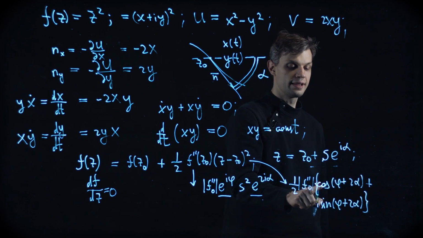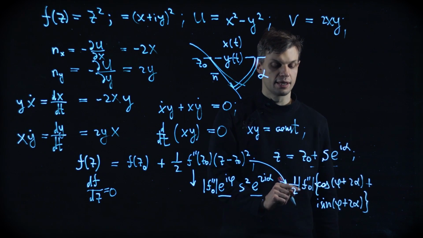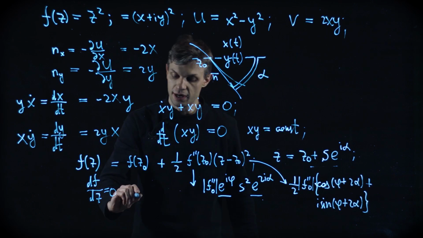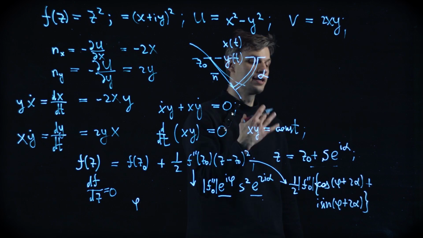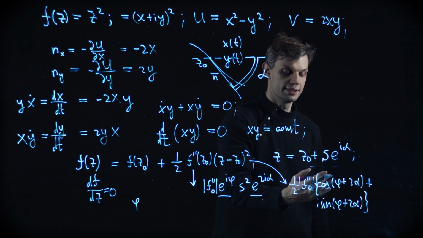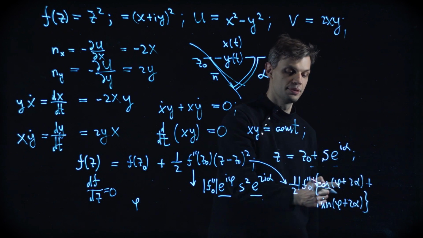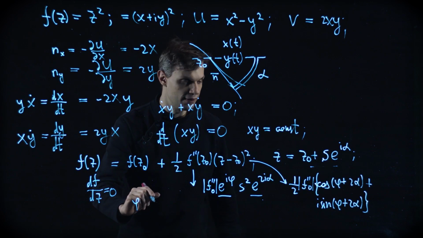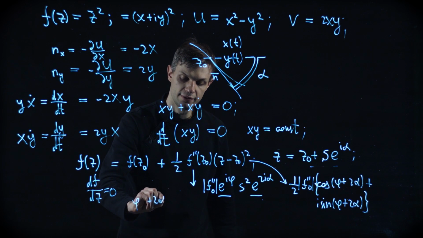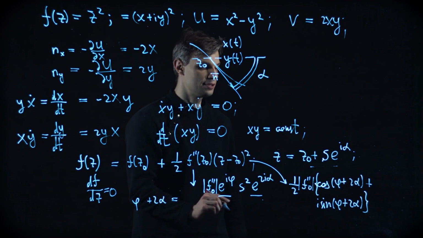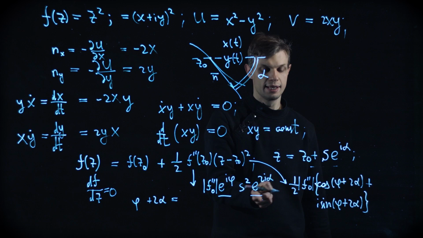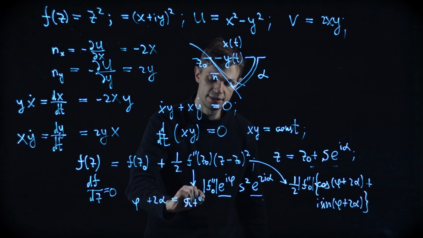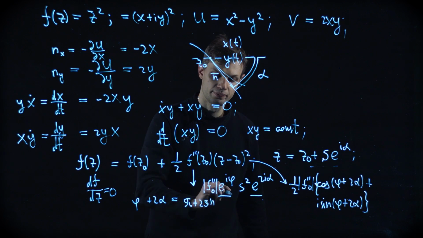We require that the cosine, the real part, is equal to minus 1. So phi corresponds to the steepest descent direction, right? It's the most pronounced drop of the real part of our function. So phi plus 2 alpha should be equal to, since cosine is equal to minus 1, pi plus 2 pi n.